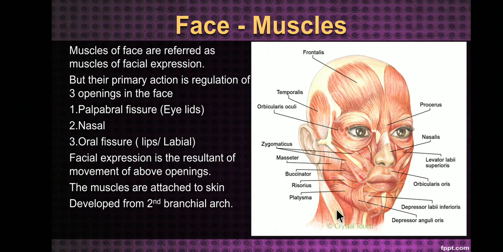For example, the platysma is in the neck, but again it is supplied by the facial nerve, so we can conclude that it is developed from the second branchial arch. Your posterior belly of digastric is from the second pharyngeal arch. Then your stapedius muscle, which is in the middle ear cavity, is also developed from the second branchial arch.